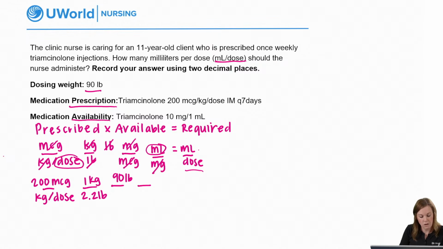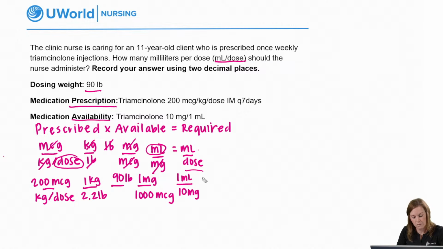Okay, we also know that there's 1,000 micrograms in 1 milligram, and our medication is available in 10 milligrams per 1 milliliter. Okay, so knowing that, that's going to get us our answer in milliliters per dose. Okay, so now we have all of our numbers in.